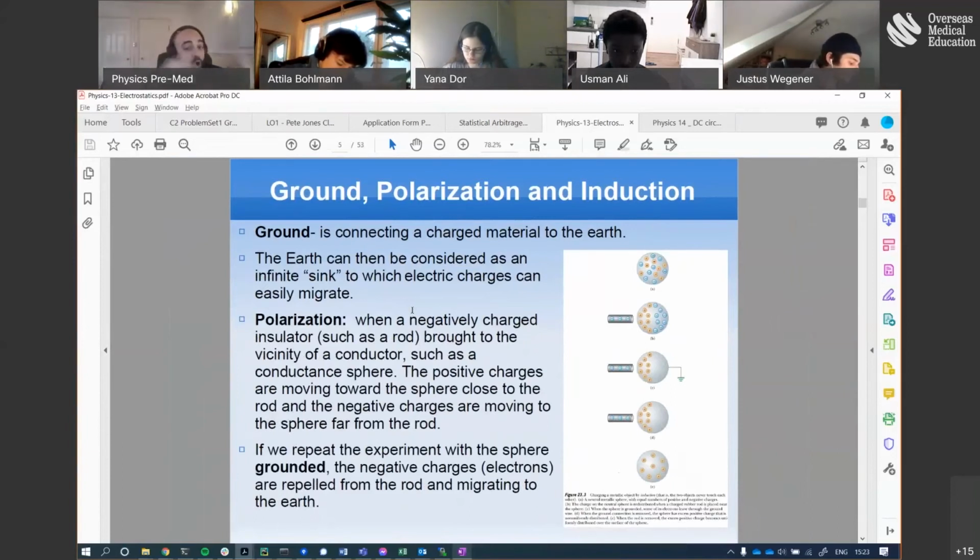It's a material that is overall neutral, so it has the same number of positive and negative charges, but they're split. So you have local charges, even though overall it has no charge. That's the idea behind a polarized material. Overall, a polarized material has zero net charge. It has the same amount of positive and negative charge, but they are separated to create a polarization.